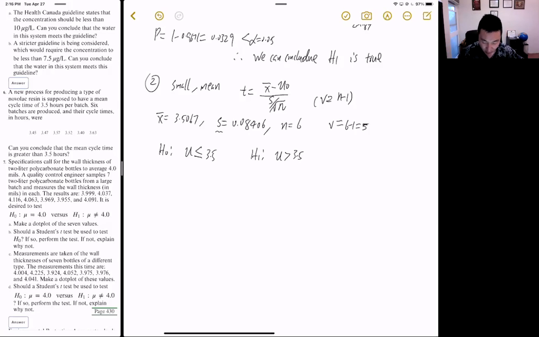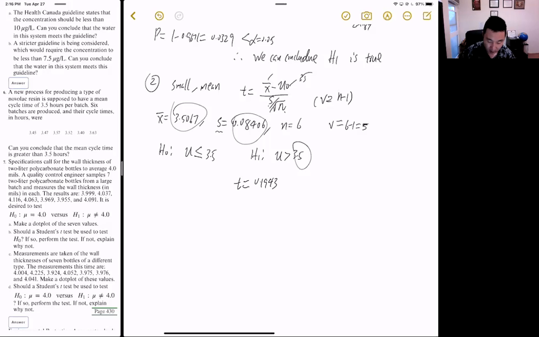We calculate the t-score. The t-score here: the sample mean is 3.5067. Mu zero is 3.5, from here. Okay. So the sample standard deviation is here, and sample size is 6. Okay, so we calculate the t-value, the t is equal to 0.1943.